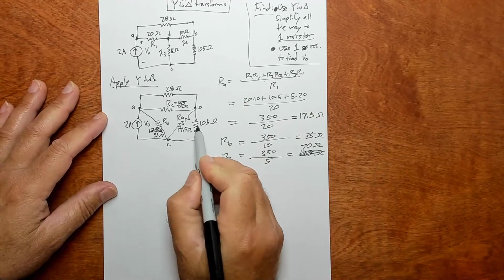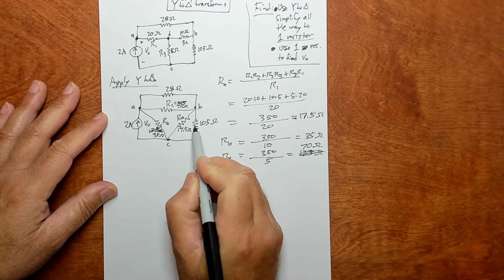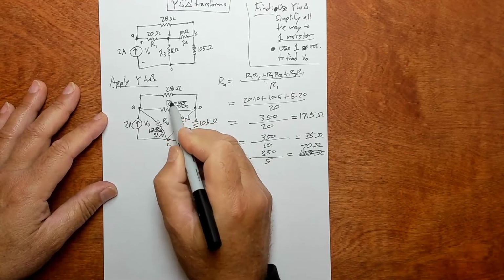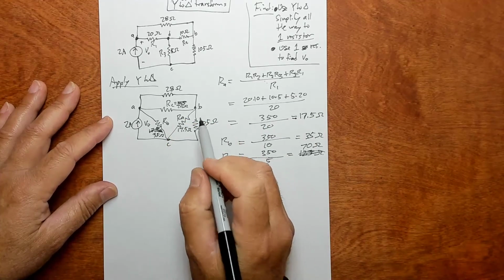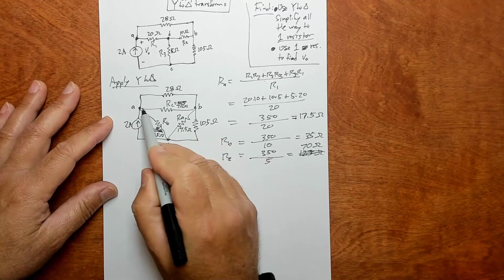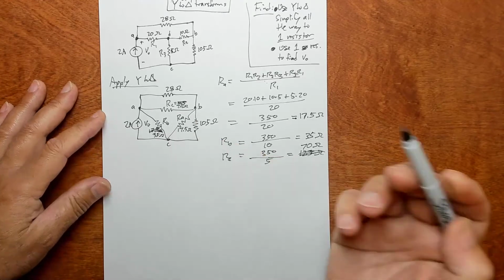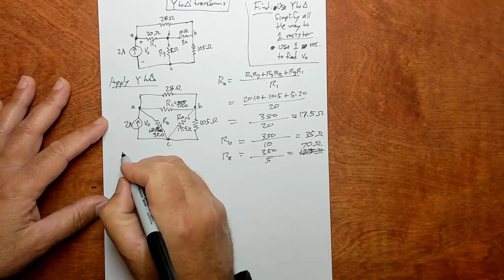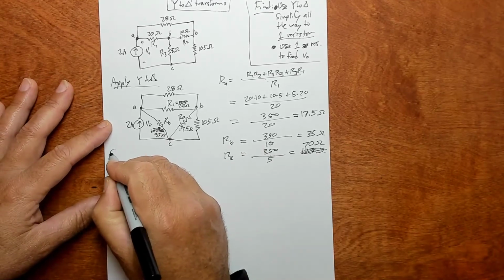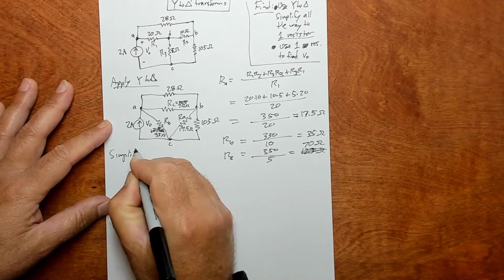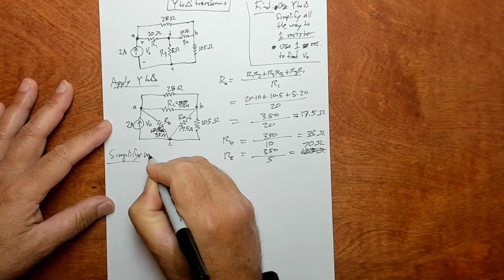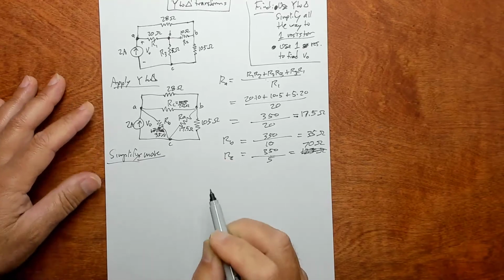So right now these two guys are in simple parallel. Likewise, these two guys up here are in simple parallel, right? Because these two guys share node AB, and these two guys share node CB. So we can simplify more.